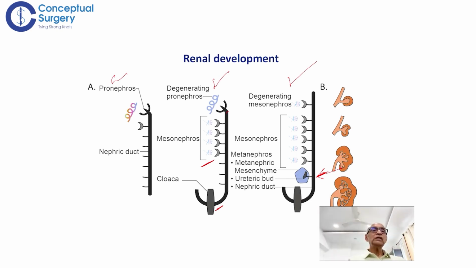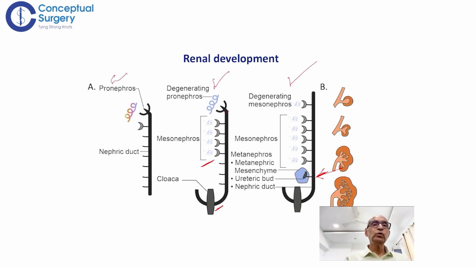The urinary components essentially go through three stages, which I have written down here: the pronephros, the mesonephros, and the metanephros. Let's look at this in some detail. Pronephros, the point to remember is that all these stages of development start from the cervical and go on to lumbar and sacral.